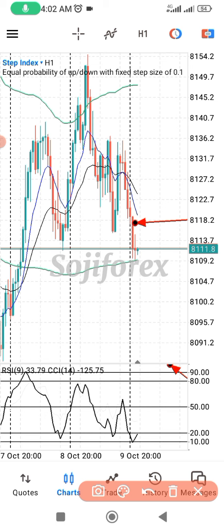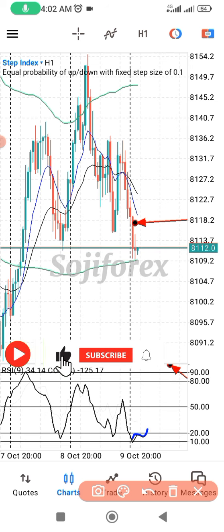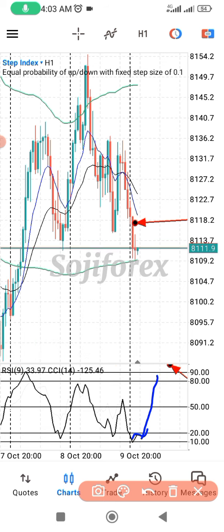So we want to see price play around a bit in this zone, then move back to the upside, and when it is coming back down, we can make our entry.